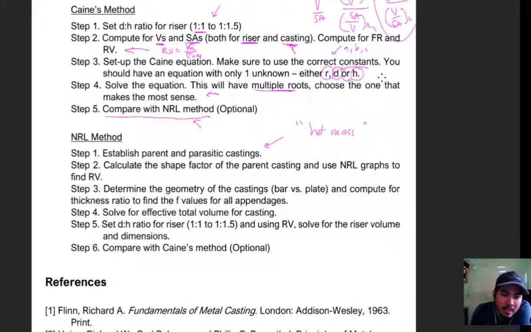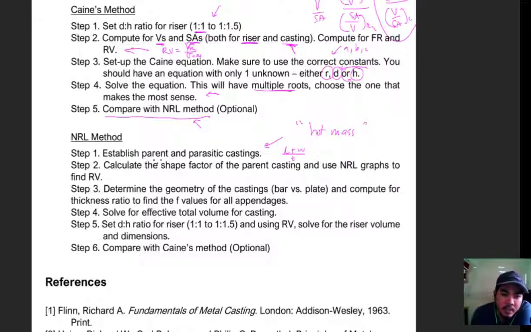So kung sino yung pinakamalaking mass, pinakamalaking volume to surface area ratio, siya yung most likely magiging parent natin. Okay, so anything attached to the parent is known as a parasitic, or an appendage. So we calculate the shape factor of the parent, which is just length plus width over thickness, and use NRL graphs, which are available, no?